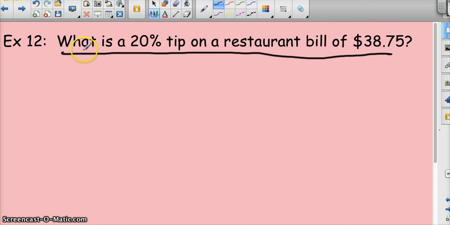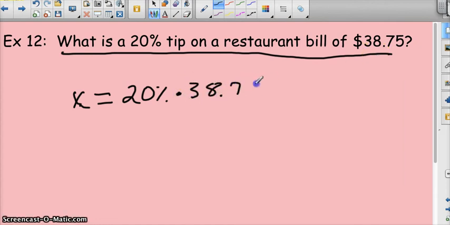So here we go. Let's just do it the way we did it before. What is? Well, what is what we're looking for. That's x. Is still an equal sign. A 20% tip, well, that's 20%, on a restaurant bill of is multiplication, $38.75.